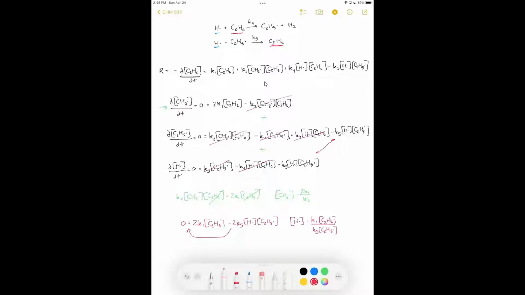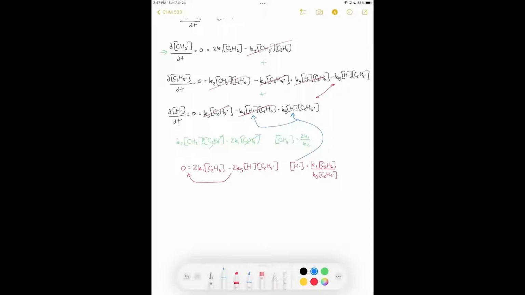With this, we can go ahead and substitute the concentration of hydrogen atoms into the equation. So we can substitute this in up here for every instance of the hydrogen atom to solve for the concentration of C2H5.